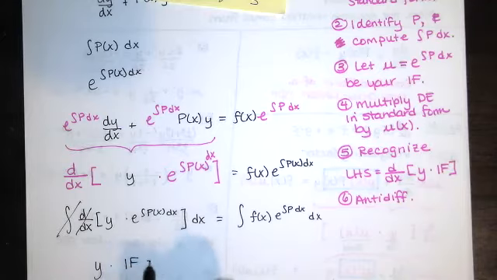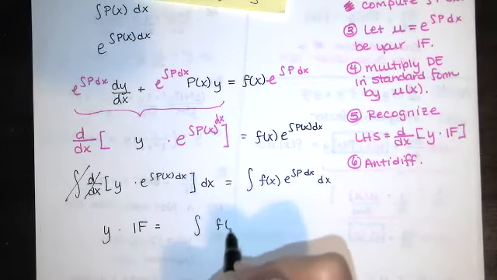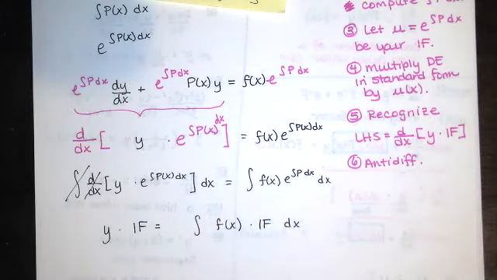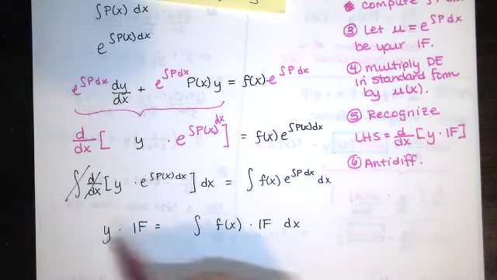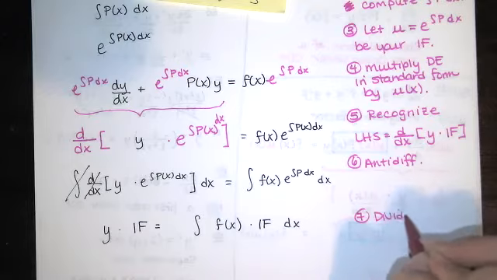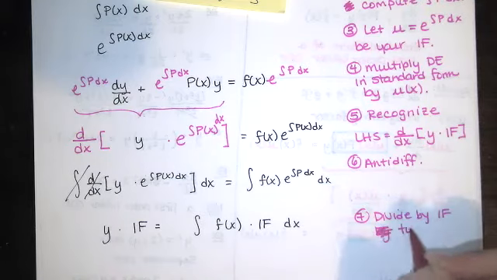I'm just going to write IF now. And so you've got this here that you're going to have to simplify and anti-differentiate. And then if you want to get y by itself, after you anti-differentiate to get rid of the derivative, you're going to divide by the integrating factor to isolate y.